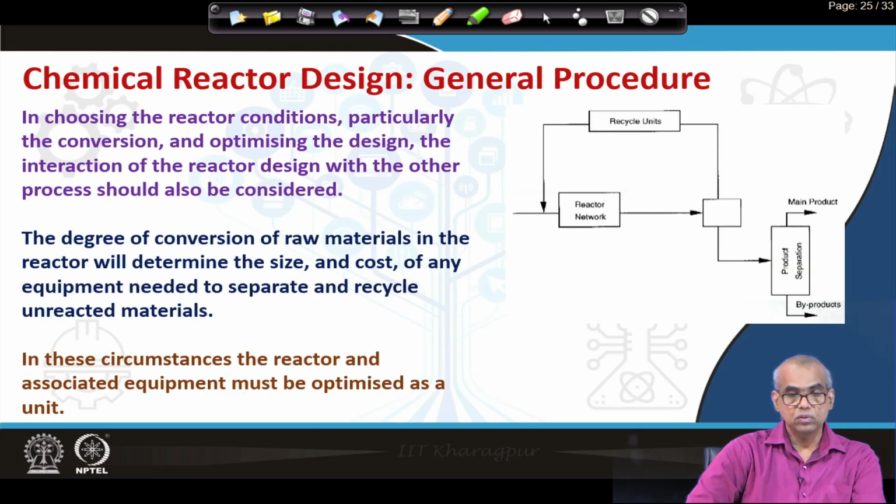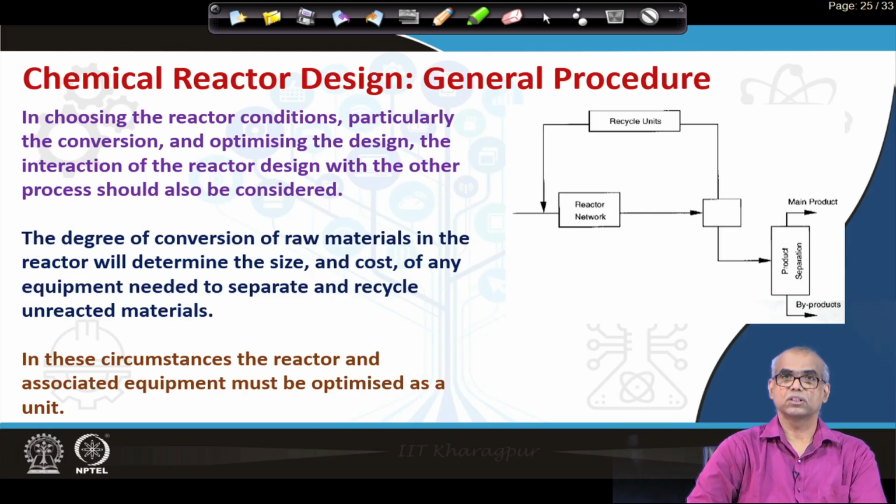Now, while we choose reactor conditions, particularly the conversion, and optimize the design, we should also keep in mind the interactions of the reactor or reactor networks with the other process units in the process flow sheet, particularly the separation units.